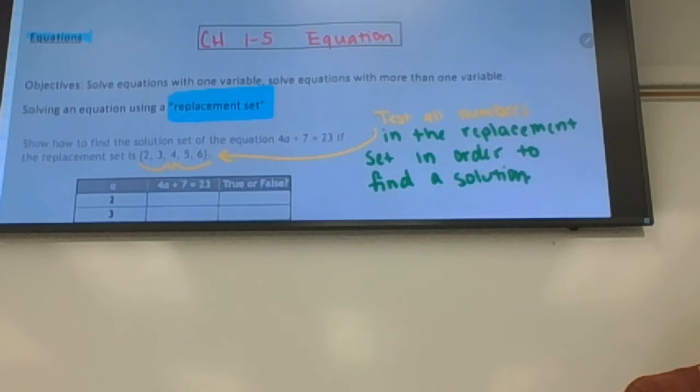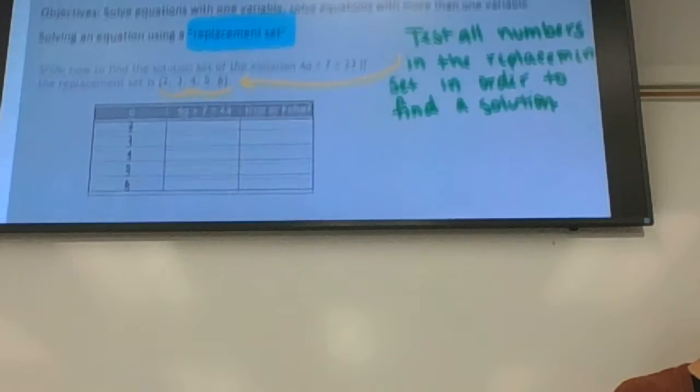And some of you guys are good with numbers, and you'll look at it, and without showing any work, you'll come up with the answer. But I want you to show work. It's more about the process here than just figuring out the number. Just the process of plugging in and testing numbers.